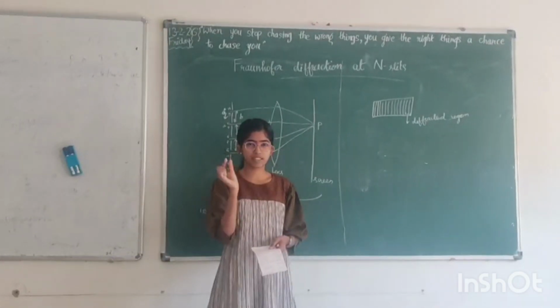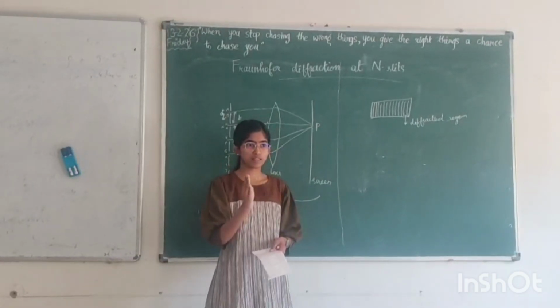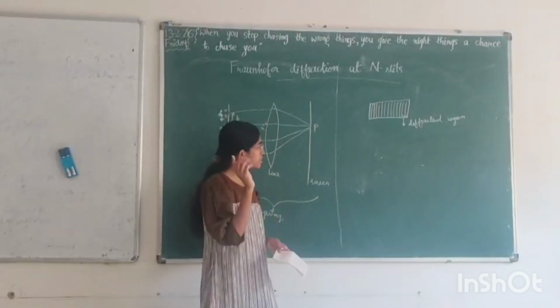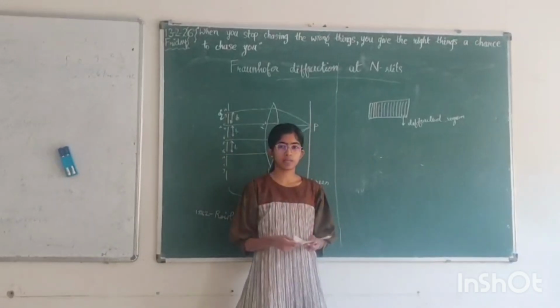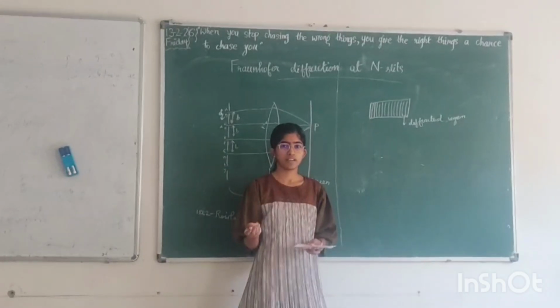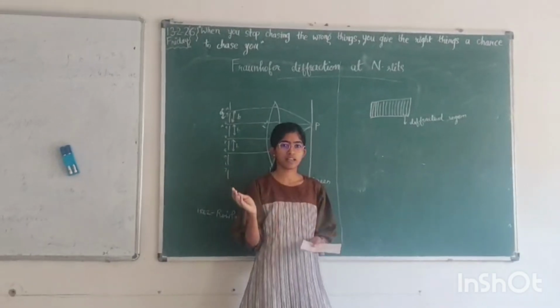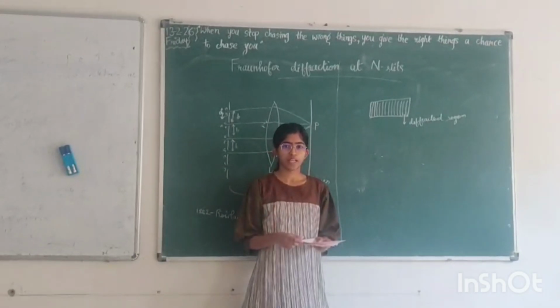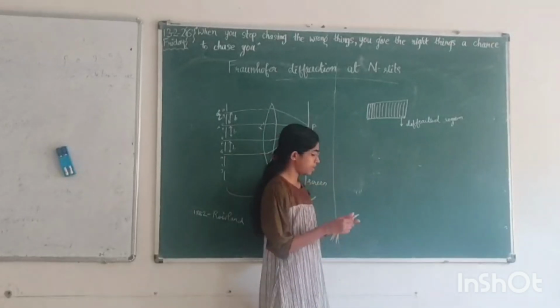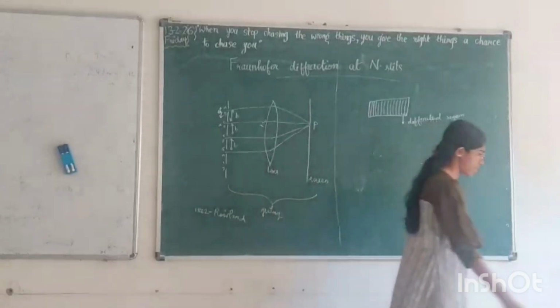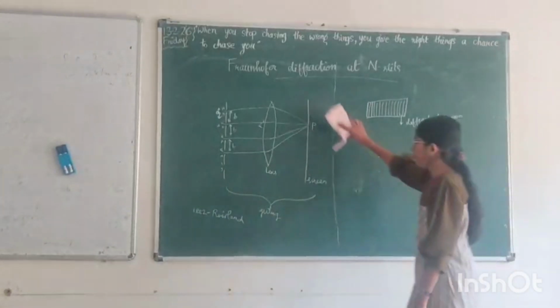So just imagine how small the distance between two lines will be. More than 1500 lines can be drawn, and such an arrangement will behave as n parallel rectangular slits.